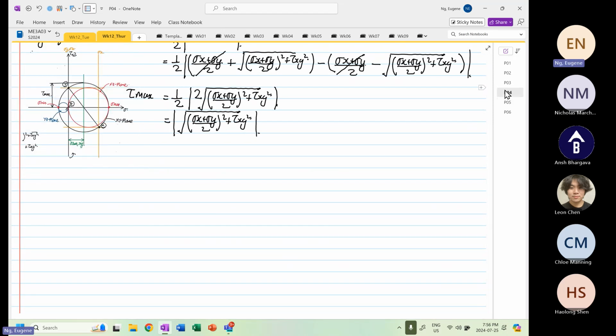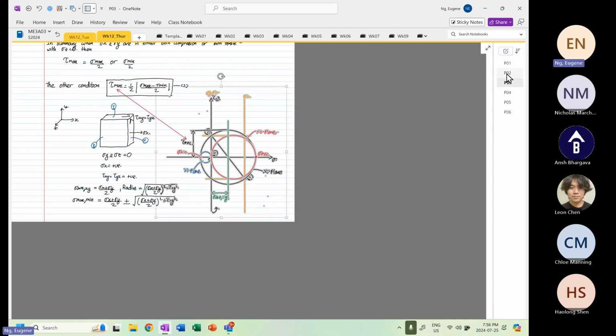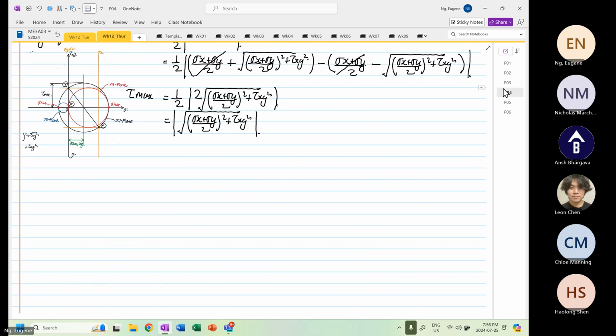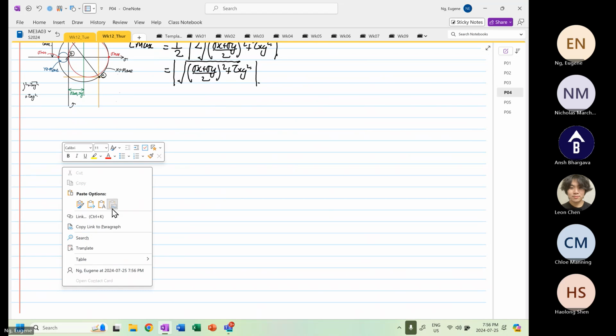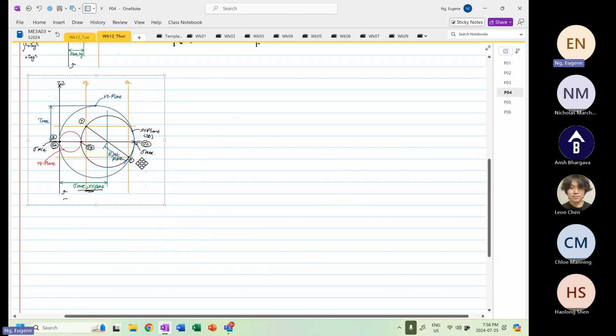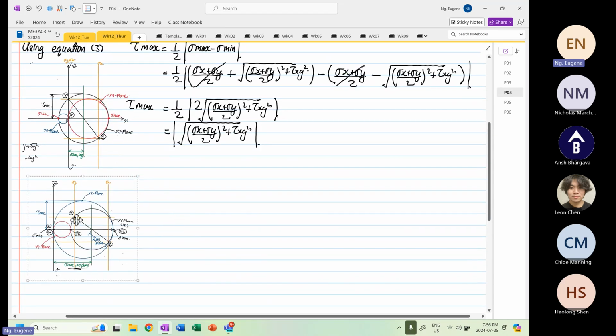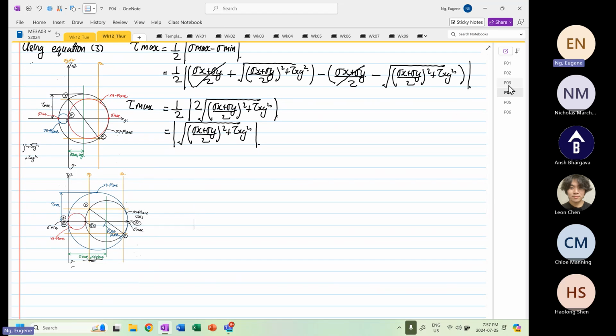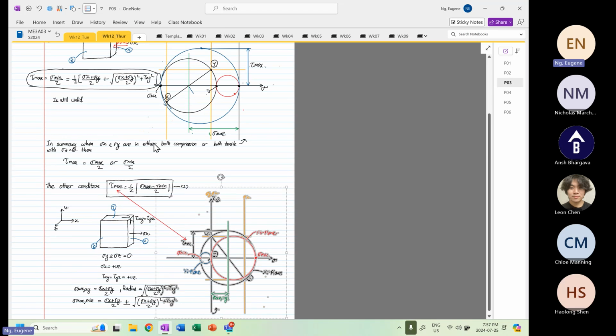If your 3D Mohr circle has this configuration, you can see the difference. One, the circles are either both positive or both negative, which I aligned. If your Mohr circle looks like this, then your formulation for tau max changes.